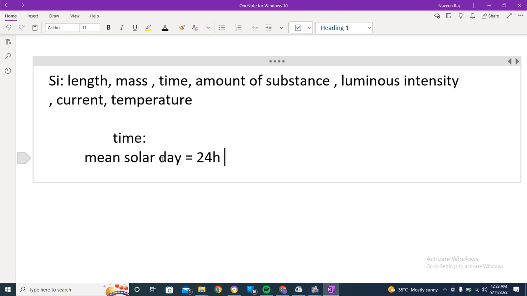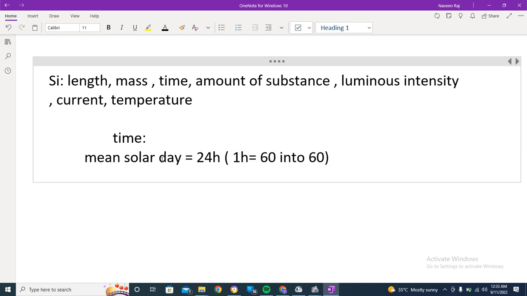And if we look into 24 hours, a mean solar day is equal to 24 hours, and as we know, 1 hour is equal to how many seconds? 60 into 60, right? 60 into 60.